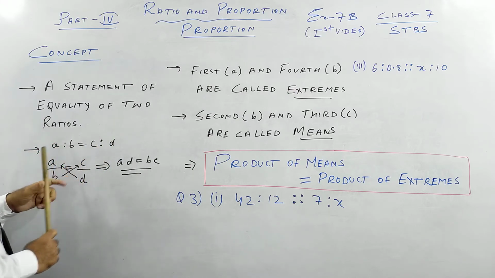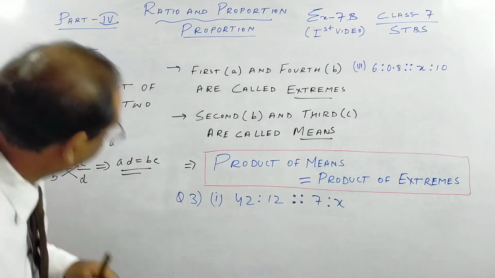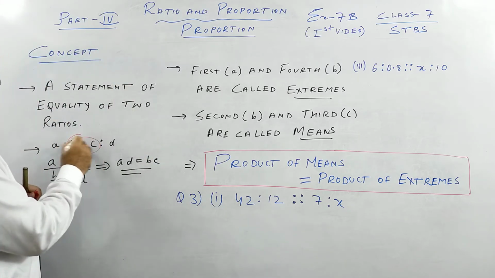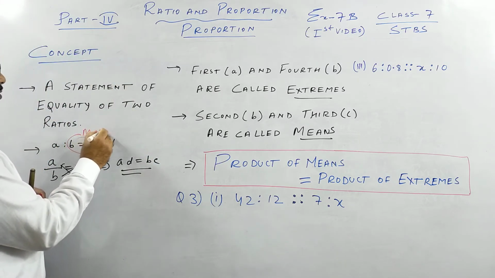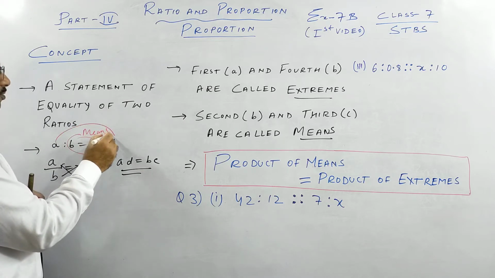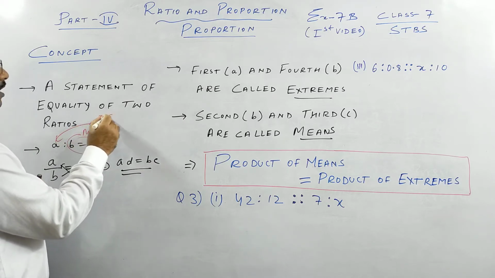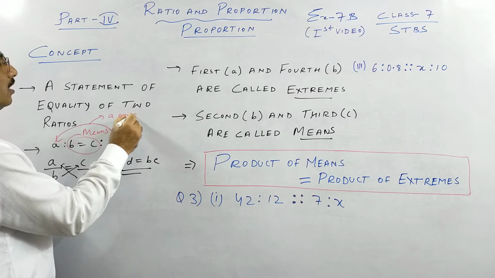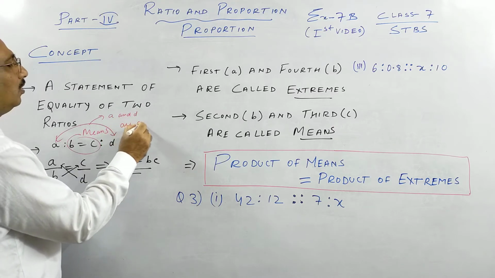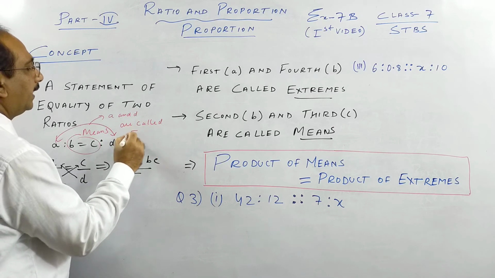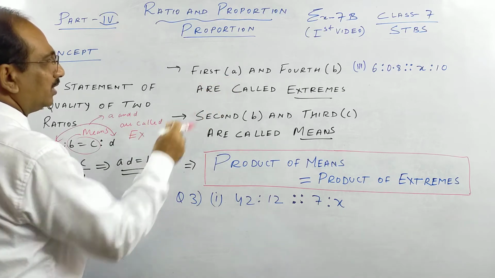These 2 are called means. There are 2 means, and these far away ones, A and D, are called extreme.